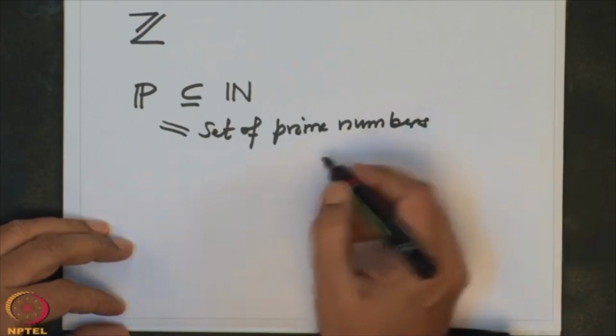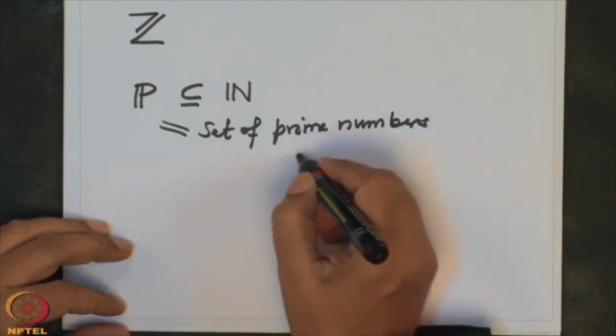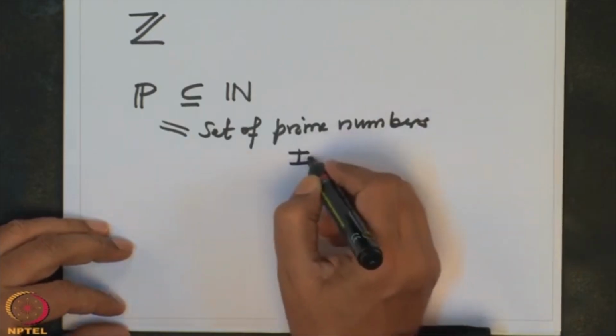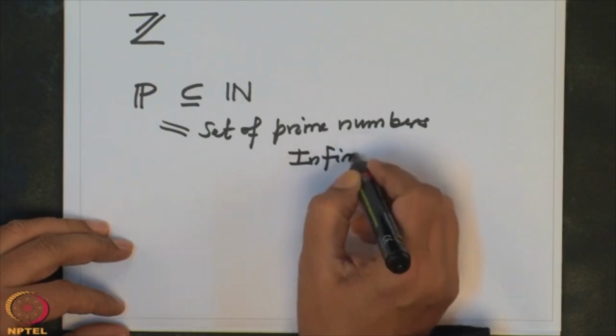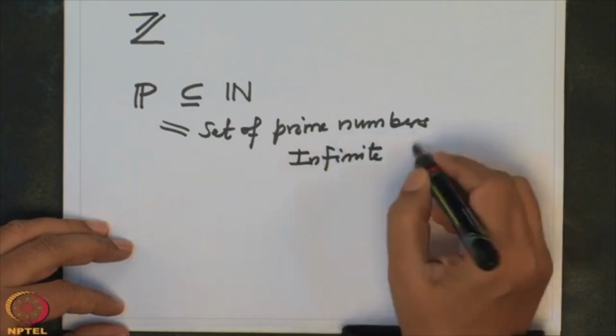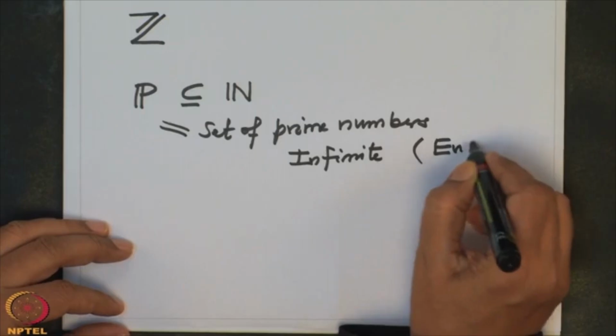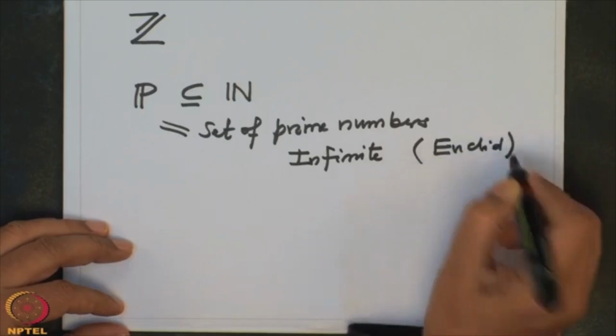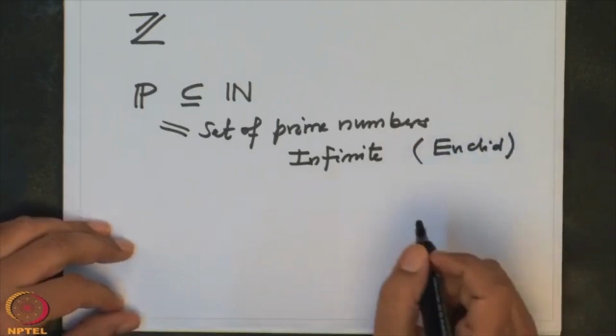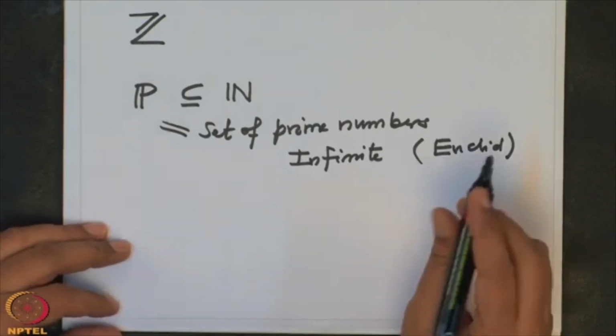And we have seen that this set is infinite, by Euclid's proof, that there are infinitely many prime numbers.